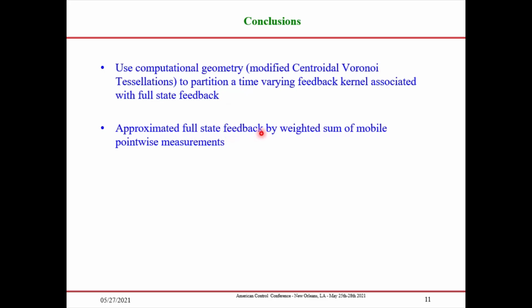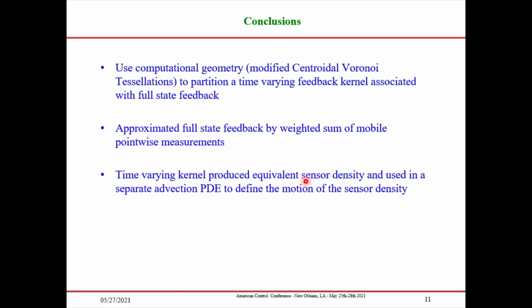The approximate full state feedback was done by a weighted sum of mobile point-wise measurements, and the time varying kernel produced an equivalent sensor density as an alternate way of guiding these mobile sensors, and uses a separate advection PDE to define the motion of the sensor density. So the first approach provides the position of the mobile sensors at each time, whereas this one that uses this density provides the velocity of each of those sensors.